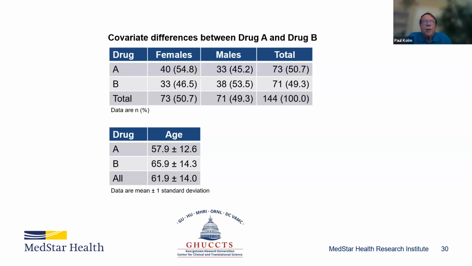But even more important than that, if we look at the mean age in both groups, we can see that we may have real problems here, because the patients in Group B are on average 8 years older than the ones in Group A. So we've got a real potential confounder there as far as our results are concerned.